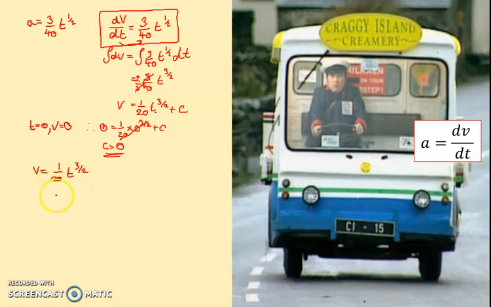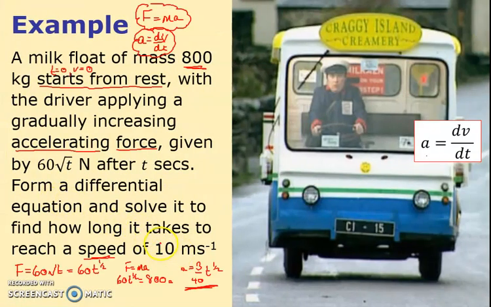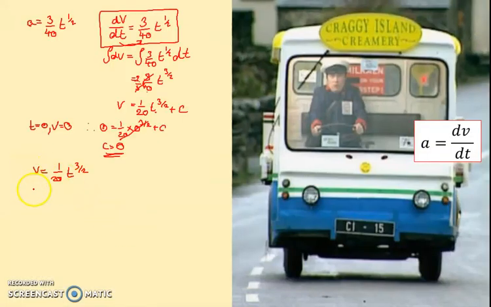What do they want me to do then? When does the speed get to 10? So I can just say that 10 equals a 20th of t to the 3/2. Move the 20 over, I therefore get t to the 3/2 equals 200.